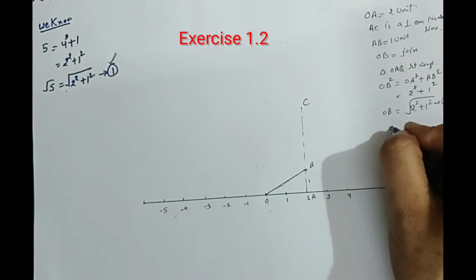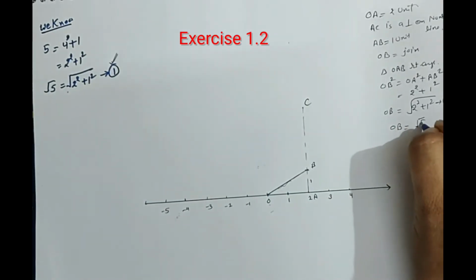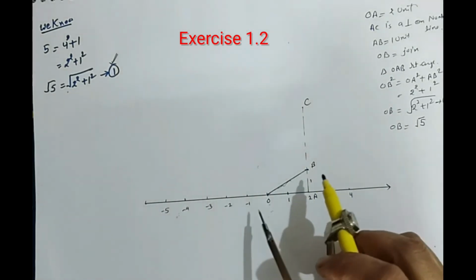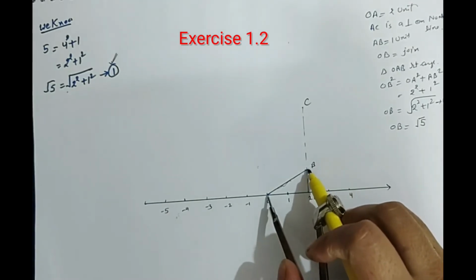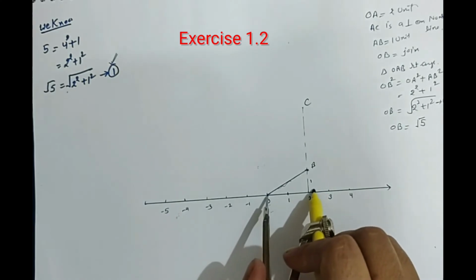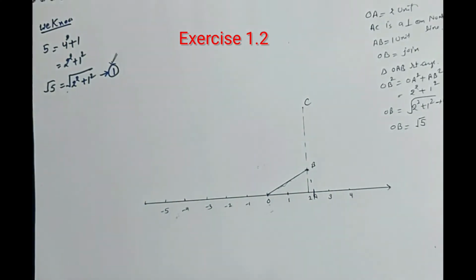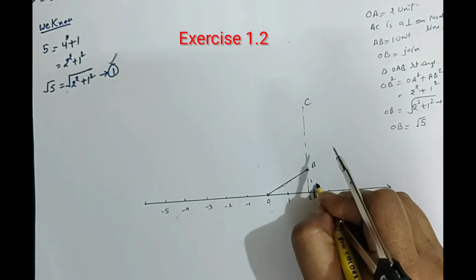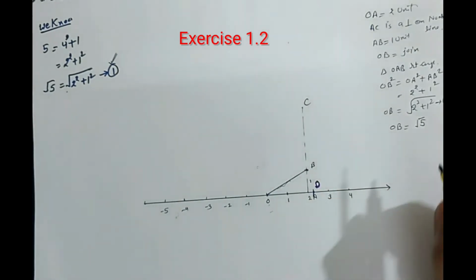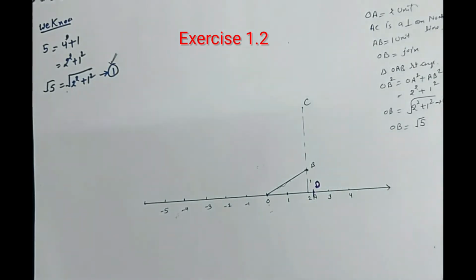From here we'll get OB is equal to square root of 5. Now I will mark a point D on number line such that OD is equal to OB. I'll open my compass equal to OB and mark a point on number line, and this point I will take as D. So this OD represents the square root of 5 on number line.